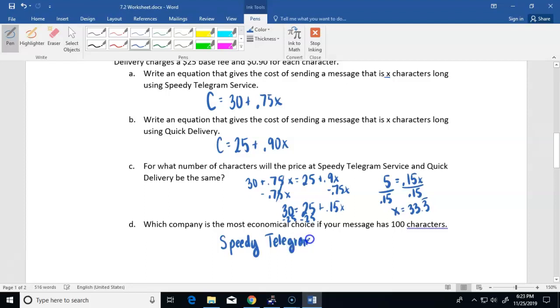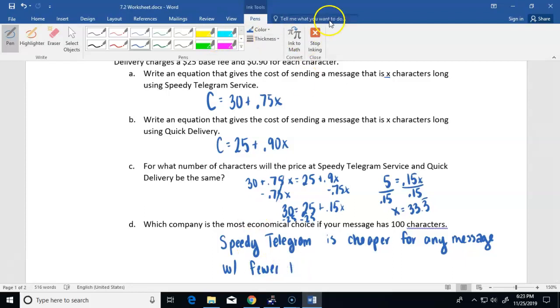And Speedy Telegram is cheaper for any message with 34 or more characters.